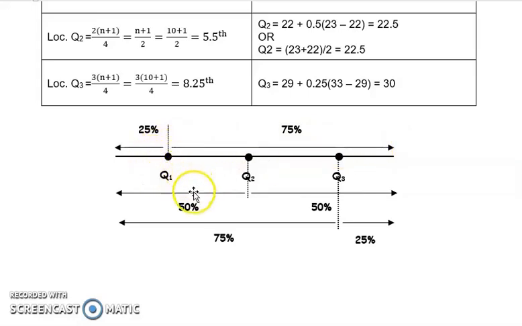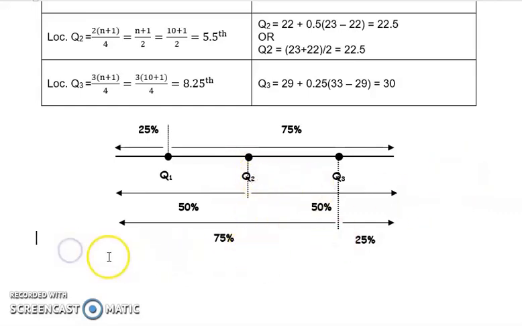For Q3, which is the opposite of Q1, 25% of the data are more than the Q3 value and the balance 75% to the left will be less than the Q3 value. Since Q2 is the median value, 50% of the data is more than Q2 and the other 50% is less than the Q2 value, or median value.